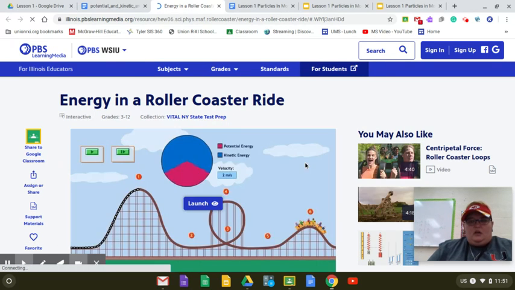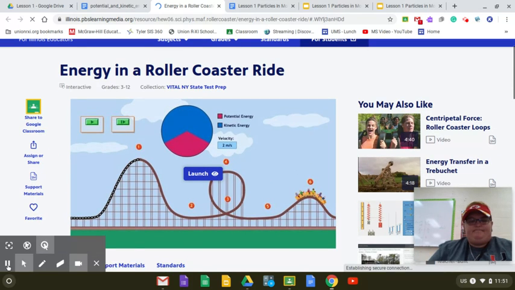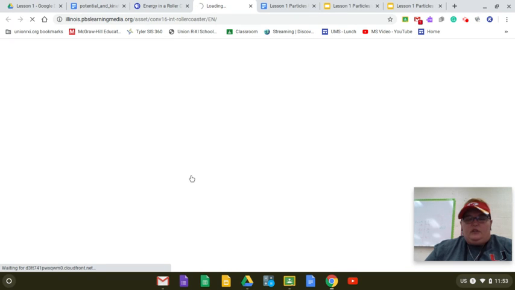Okay. All right. So here it is. Here's the roller coaster. Okay. So as I was saying, you can see here the difference between potential energy and kinetic energy depending on where you are on the roller coaster. So if you click launch, and it comes up here.